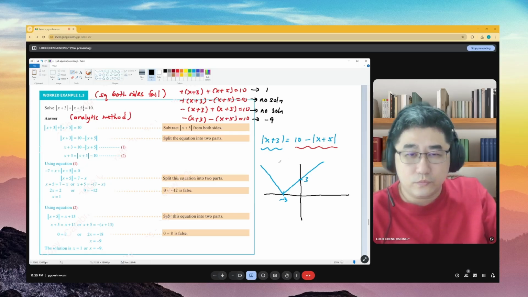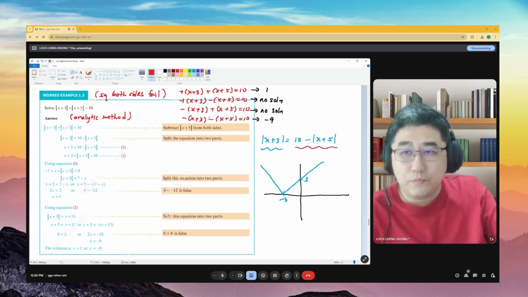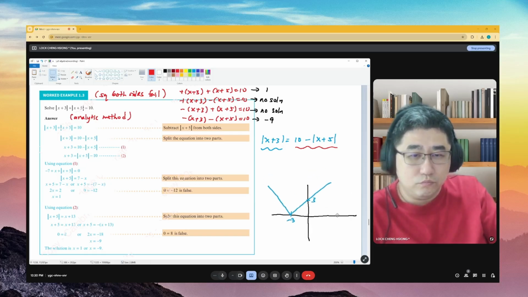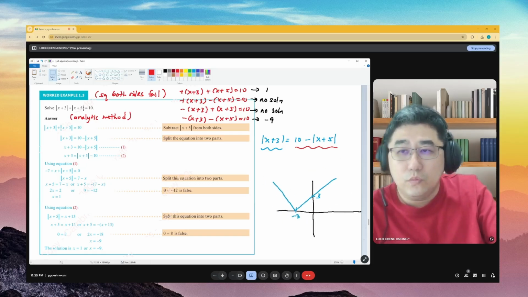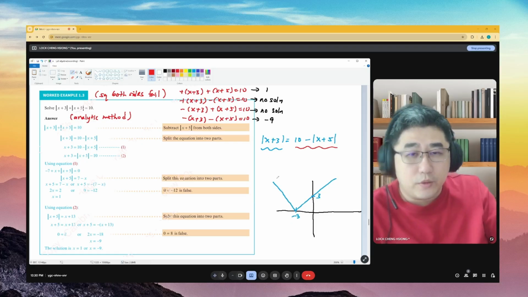So the red color part, I have minus 5, 5.